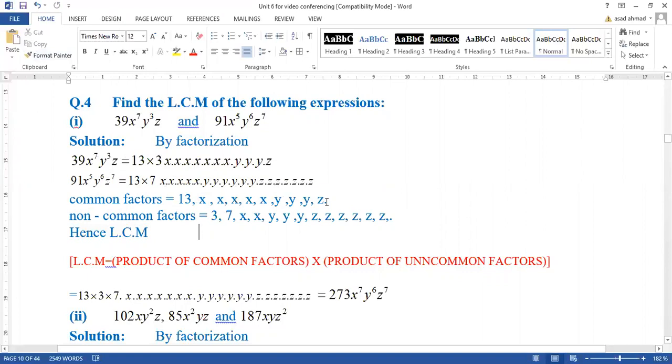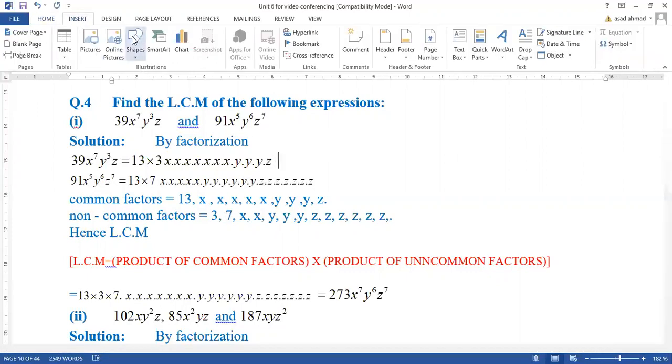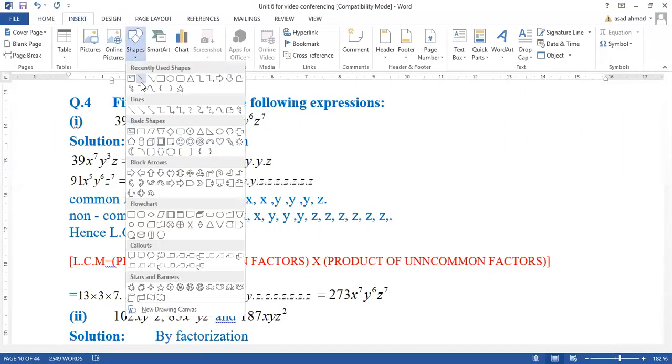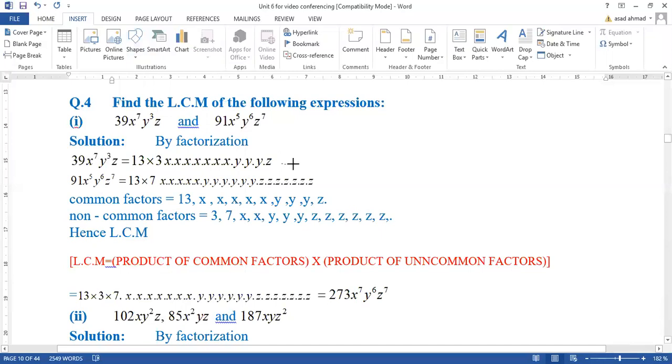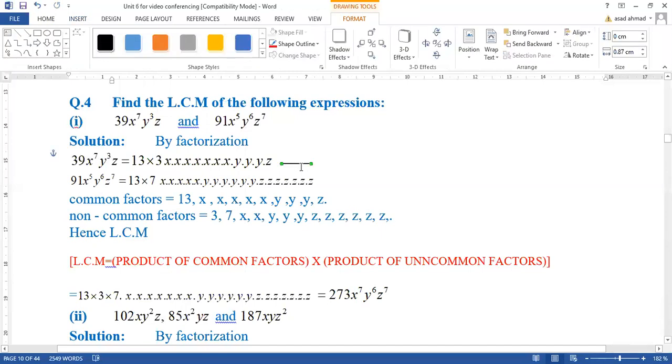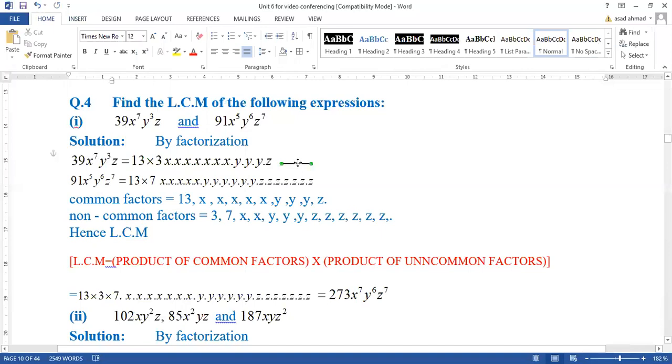Then for non-common factors, whatever is left after taking out the common part among the factors, we have to separate those, because for finding LCM, we also have to find what is not common between the factors of two terms or three terms. So this is for the explanation.